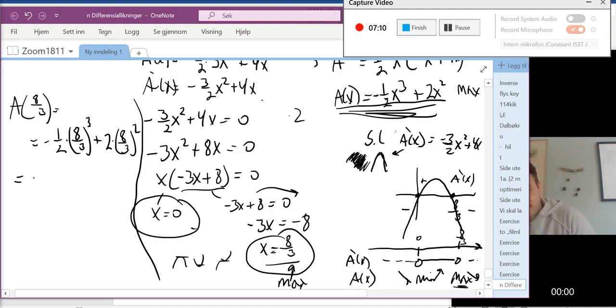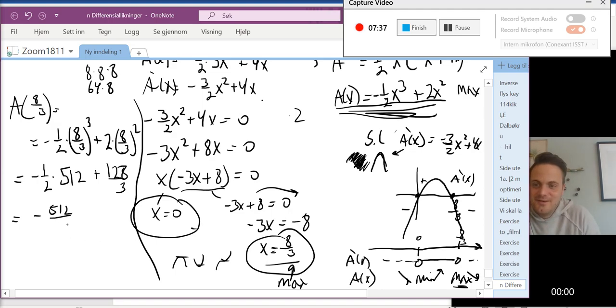And then we get a lot of fractions here, minus 1/2 and 8 to the power of 3. 8 times 8 times 8, that is 64 times 8, which is 512. Plus 64 times 2, which is 128/3. So we get minus 512 divided by 2 plus 128 divided by 3.